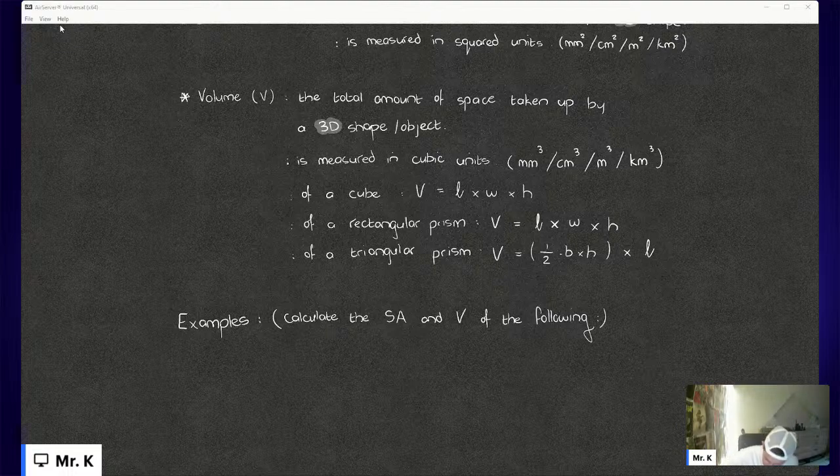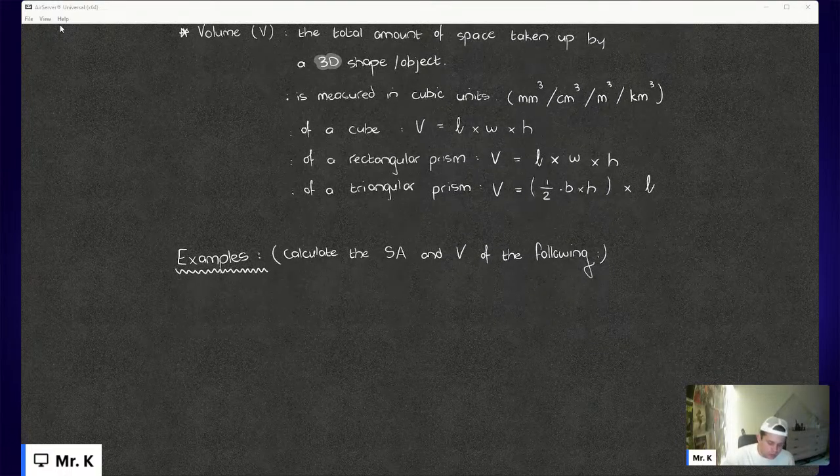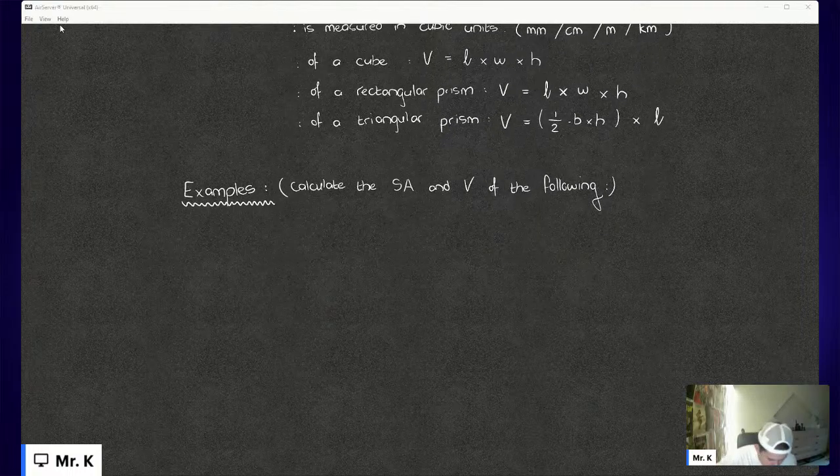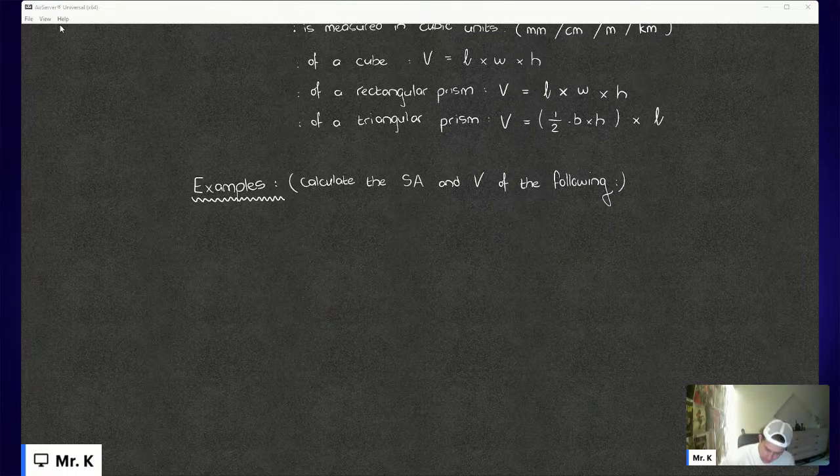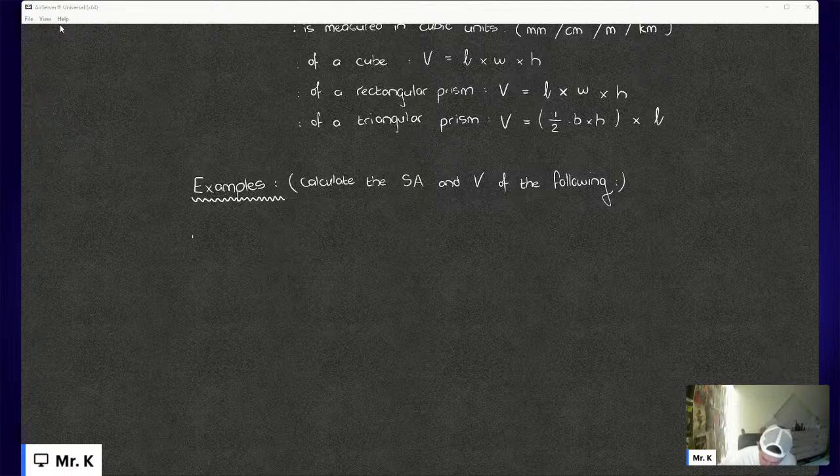Please make sure that you copy the shape down as well, grade 7s, sorry guys. Otherwise, when you need to come back to refer to this, it's going to be a little bit difficult.